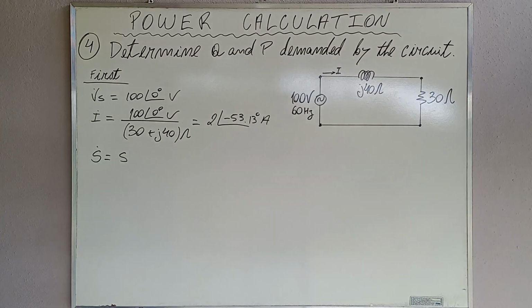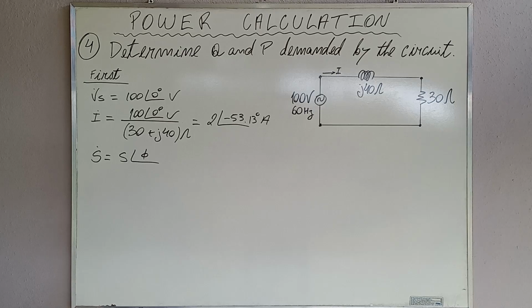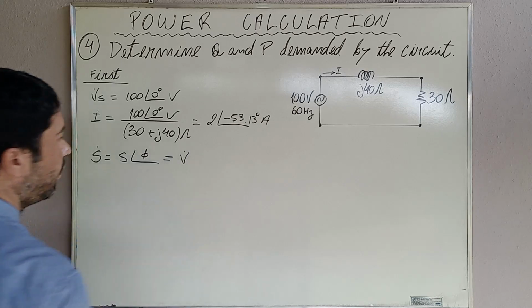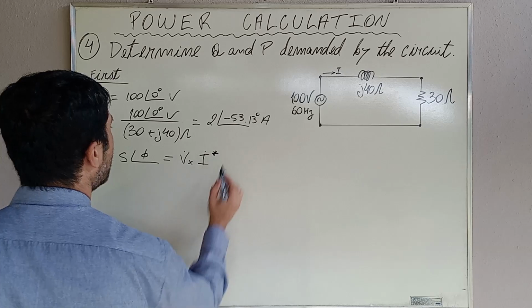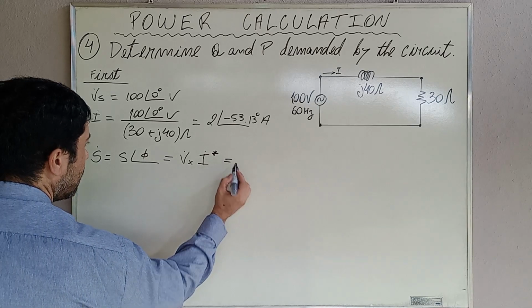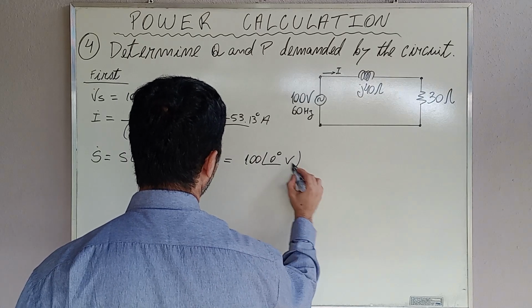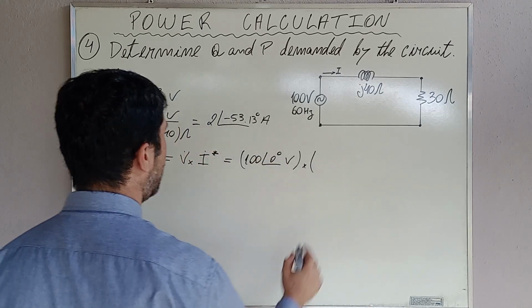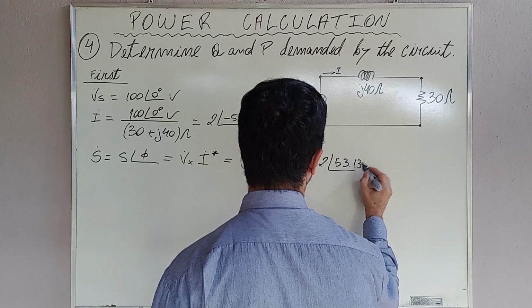The magnitude of the complex power is the apparent power in a phase, which is equal to the multiplication between the voltage phasor and the complex conjugate of the current, that is S is equal to 100 phase 0 degrees volts multiplying the current phase positive 53.13 degrees amps.